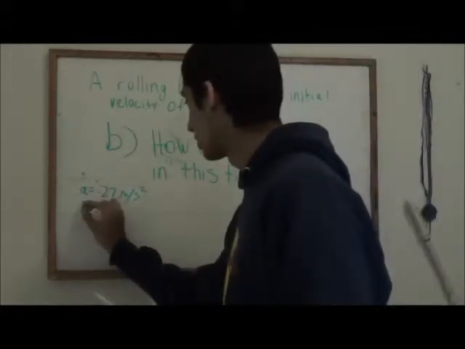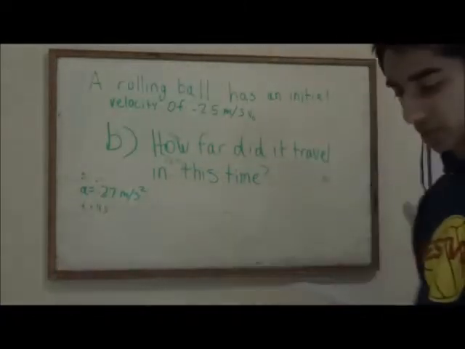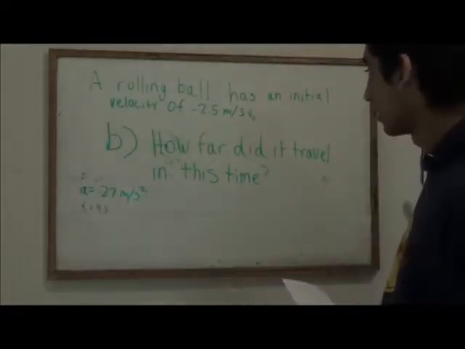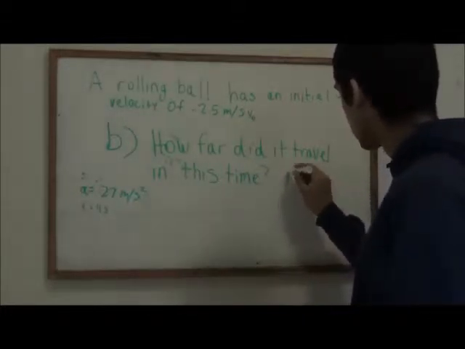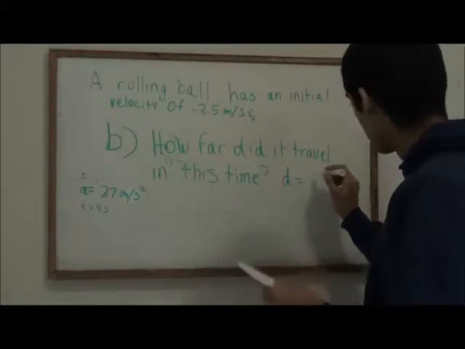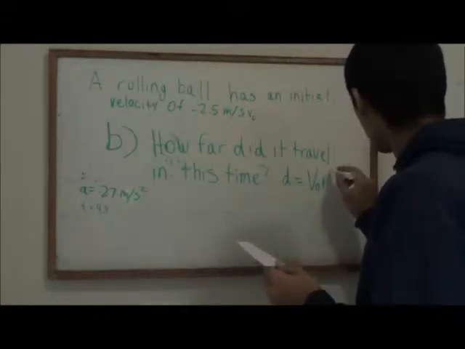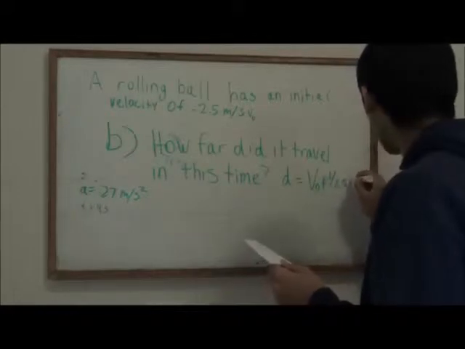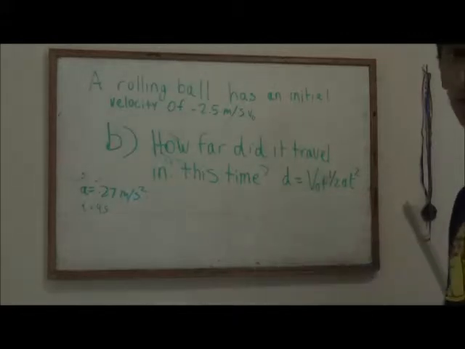T is 4 seconds, so I'm going to write that over here, and then half a t squared. So I think I'm going to use this formula. I'll use d is equal to V0 plus half a t squared. This is the formula I'm going to use to solve this.